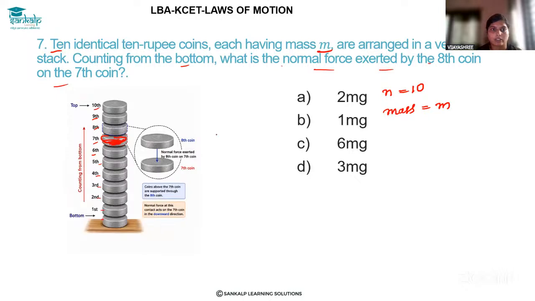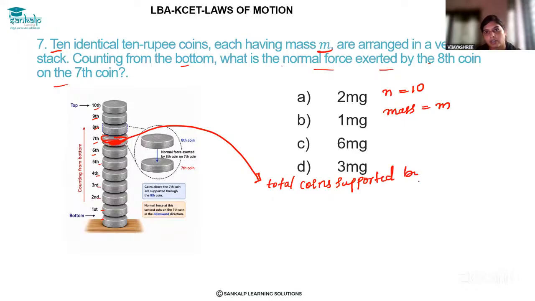Now if we take the 7th coin, how many coins does it support in total? Total coins supported by the 7th coin equal to 3. So now we will calculate the normal force.